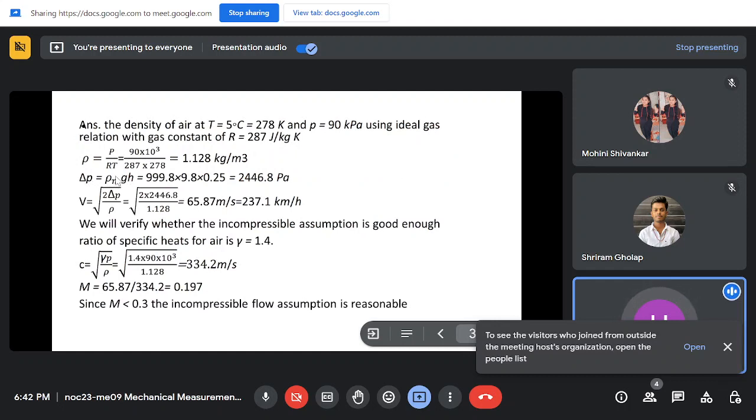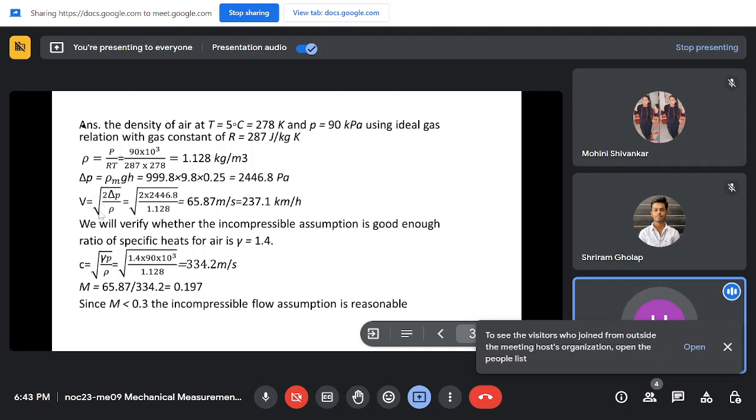We know the manometric fluid density is already given, 999.8, into g 9.8, and converting 250 mm to meter, it's 0.25. So we know the differential pressure is 2446.8 Pascal. The pitot tube measures the dynamic pressure, so dynamic pressure is V square by 2 rho.